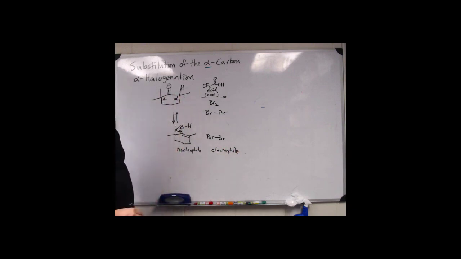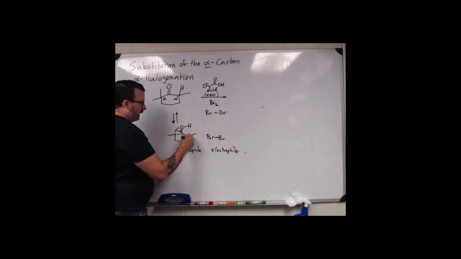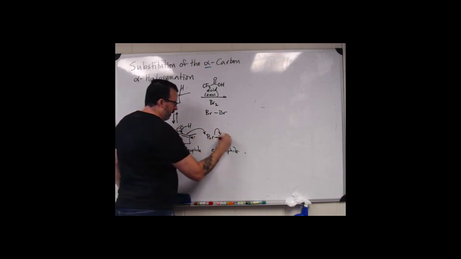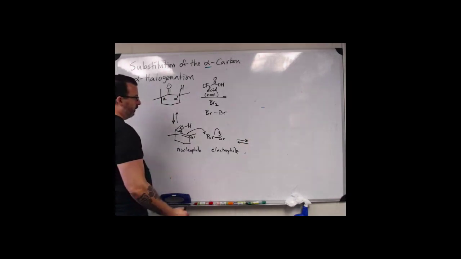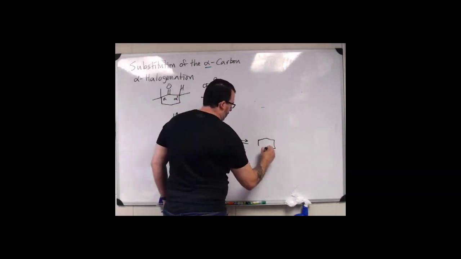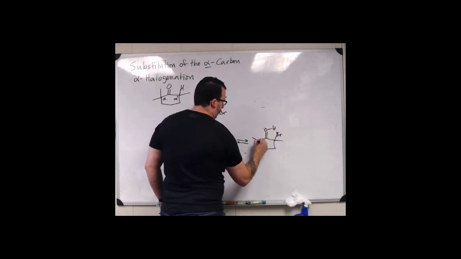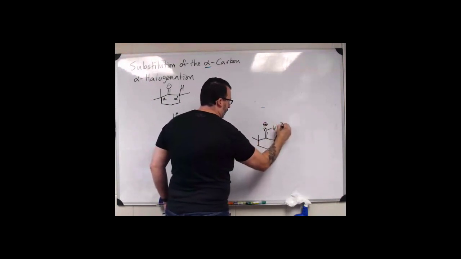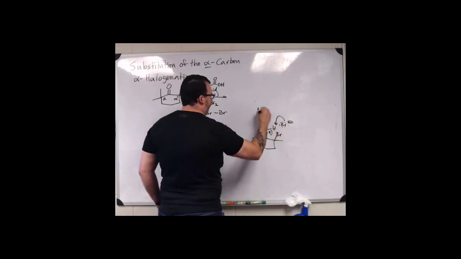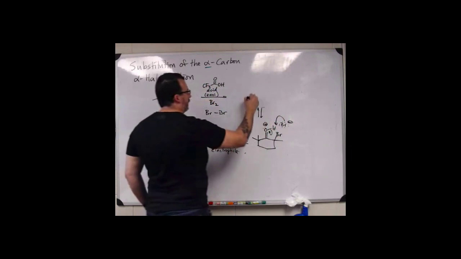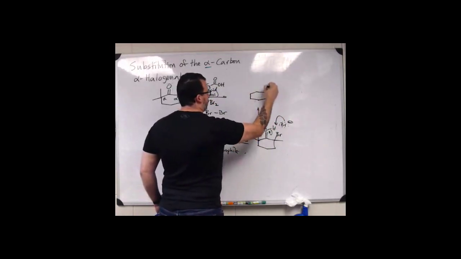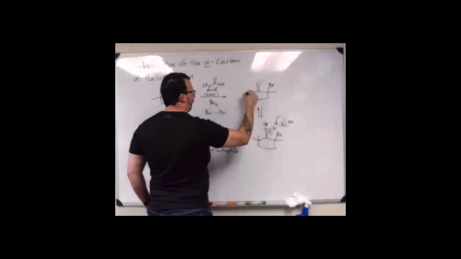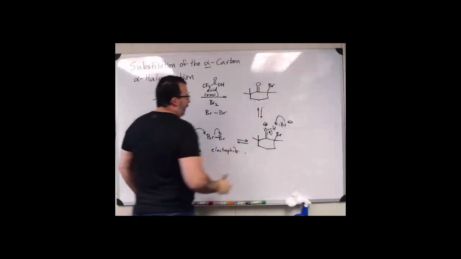The attack is happening at the alpha prime position. So we're forming a carbon-bromine bond. We then do a proton transfer, and we end up with our final product, in which we've substituted this H for bromine.